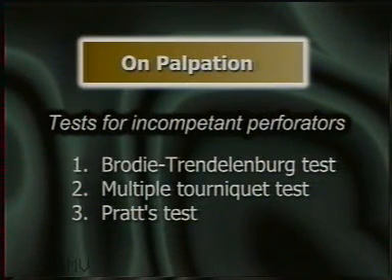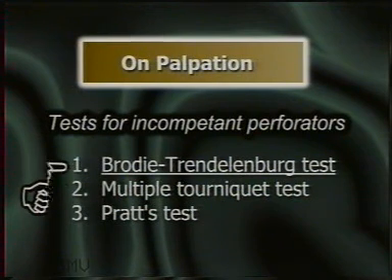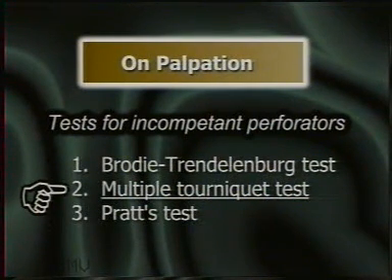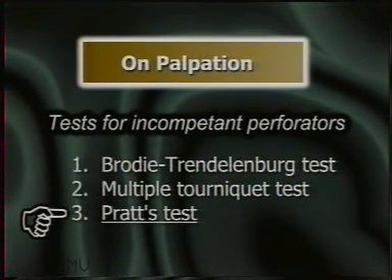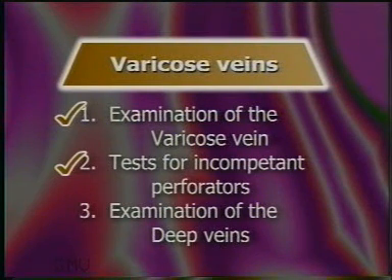Then we performed the special tests for incompetent perforators, that is Brodie-Trendelenburg test, multiple tourniquet test and the Pratt's test. Thus, we have completed the examination of the varicose veins and the tests for incompetent perforators.